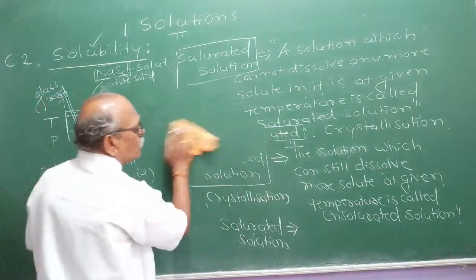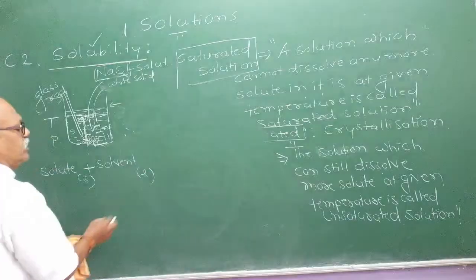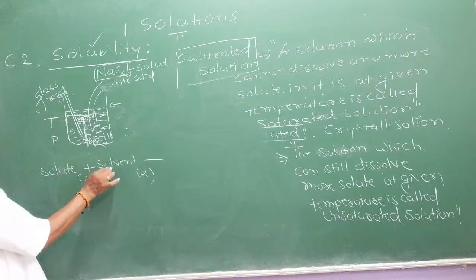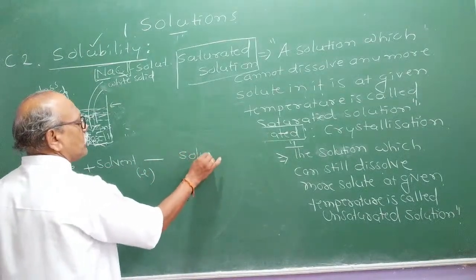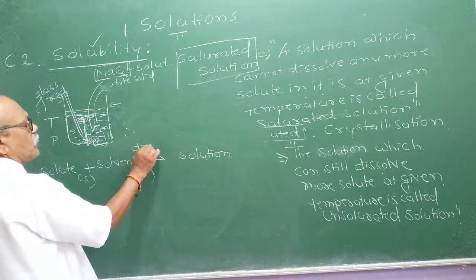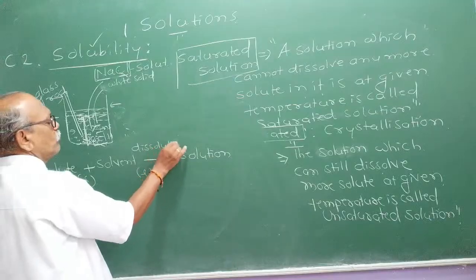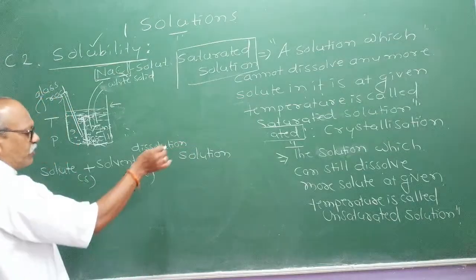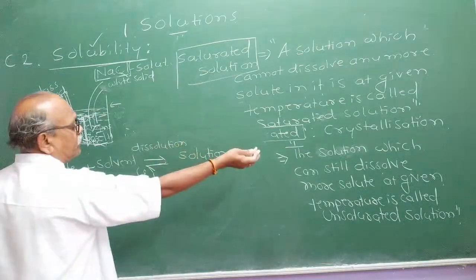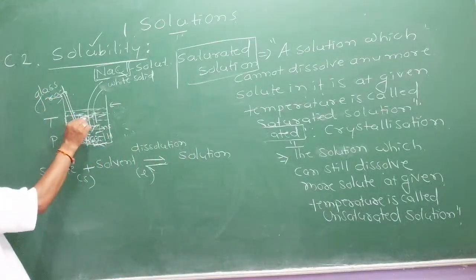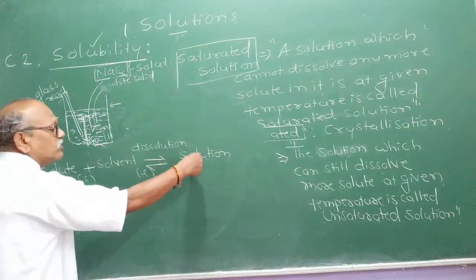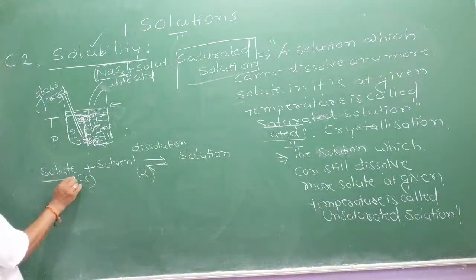The process by which the solute dissolves in the solvent to form a solution is called dissolution. And when the solution becomes supersaturated, the excess solute particles will collide, the reaction will be reversed, and these particles will unite and form the solute back.